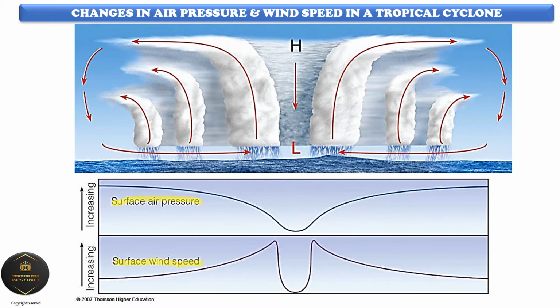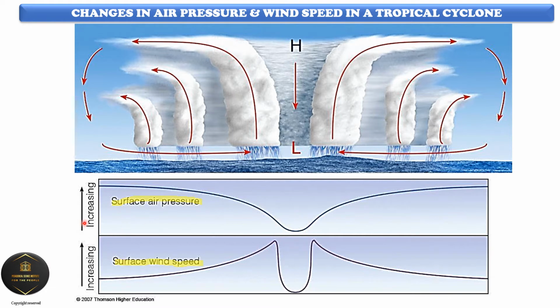Now, I want us to look at a relationship. Remember, this will be your first vortex, this will be your eye, and this is the second vortex. The graph is showing the first vortex, the eye, and the second vortex. So let's think about it in that way.